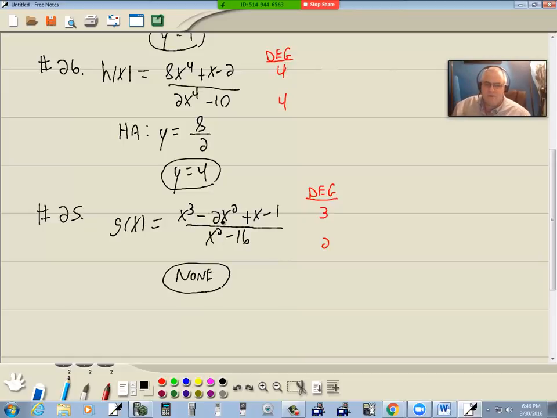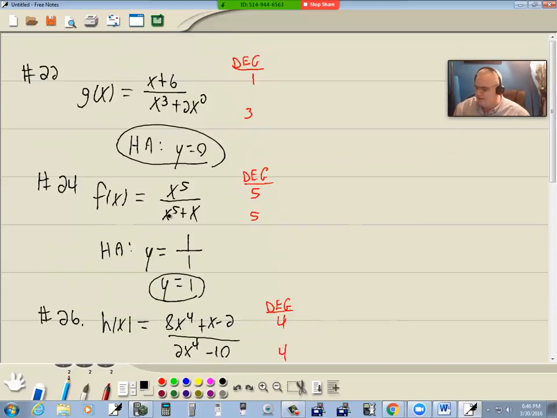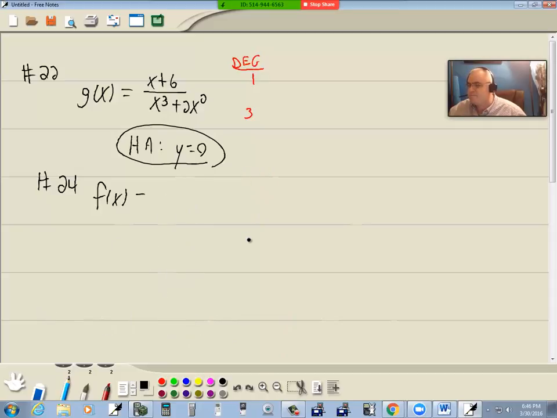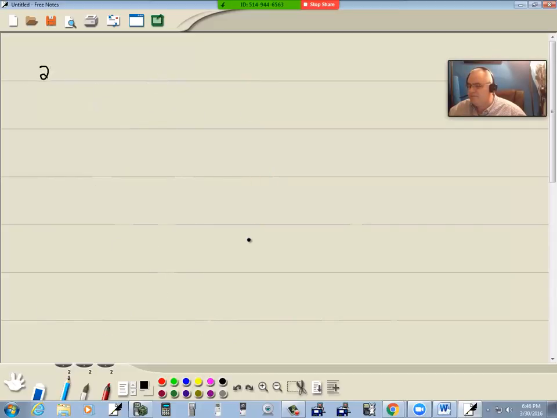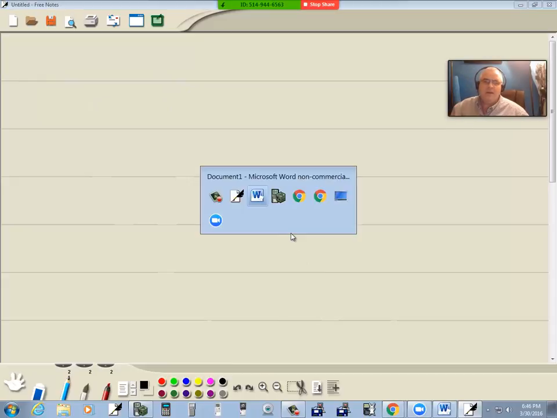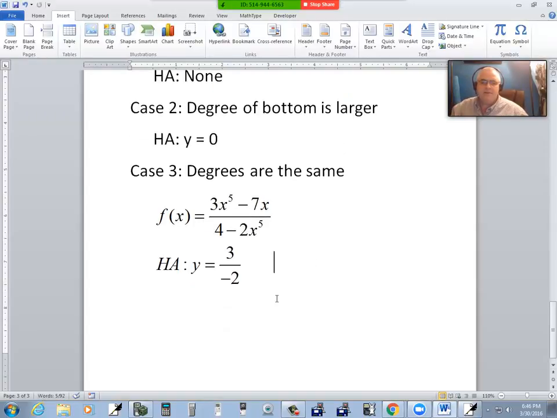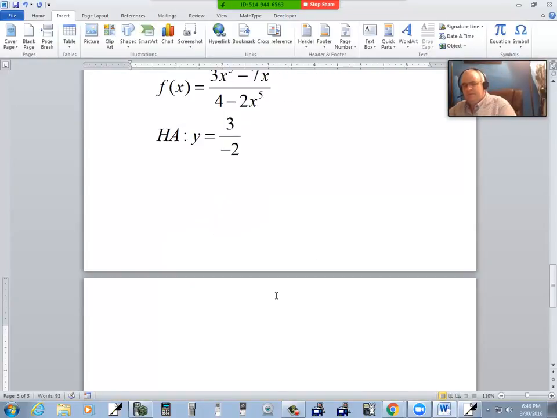Let me clear off those, and we'll look at slant asymptote. This book refers to it as oblique. Okay, slant asymptote. Again, it's referred to as oblique asymptote in this book.